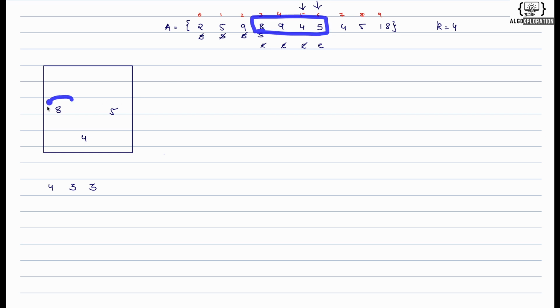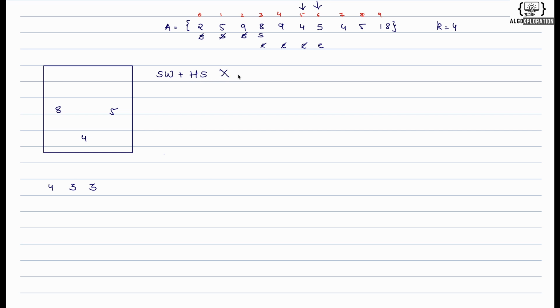But I can see that the size of the hash set is 3 only. Why? Because when I deleted this 9, this 9 is also deleted. So this is the error in this approach. Hence, using sliding window plus hash set fails.